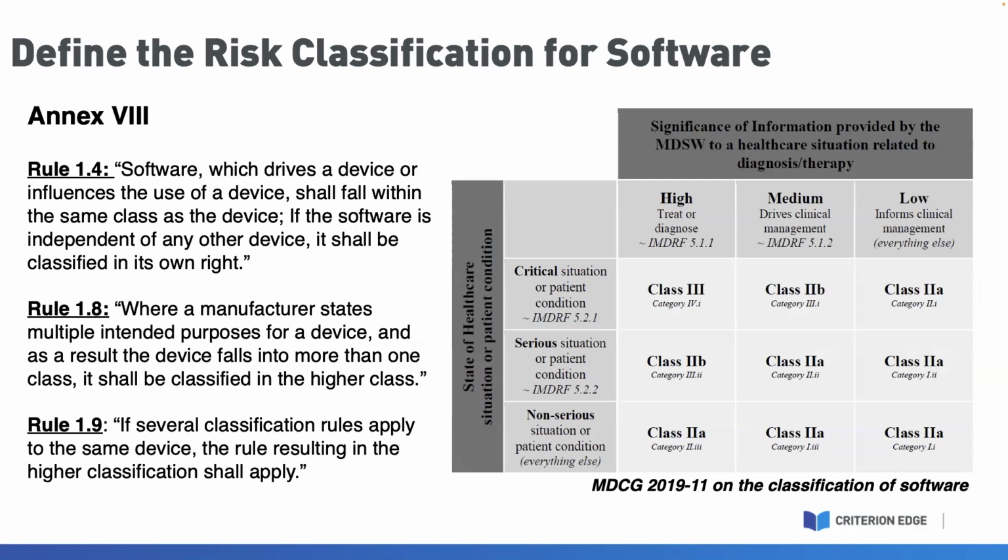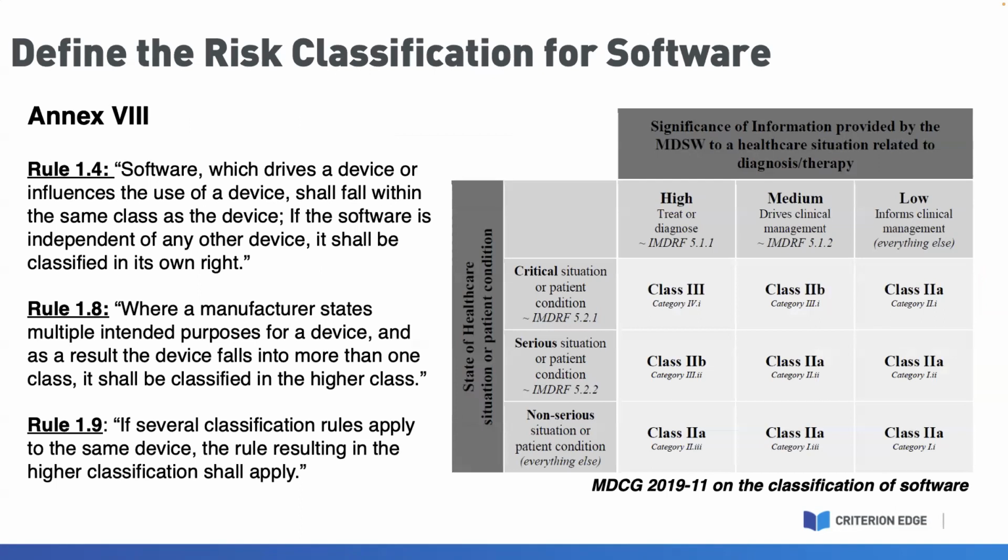Rule 1.4 tells you that the software which drives a device or influences the device falls within the same class as the device. If it's independent, you have to classify it in its own right. So if in doubt, if you are part of or driving the influence of the device, they are going to want you to go into the classification of that device itself.